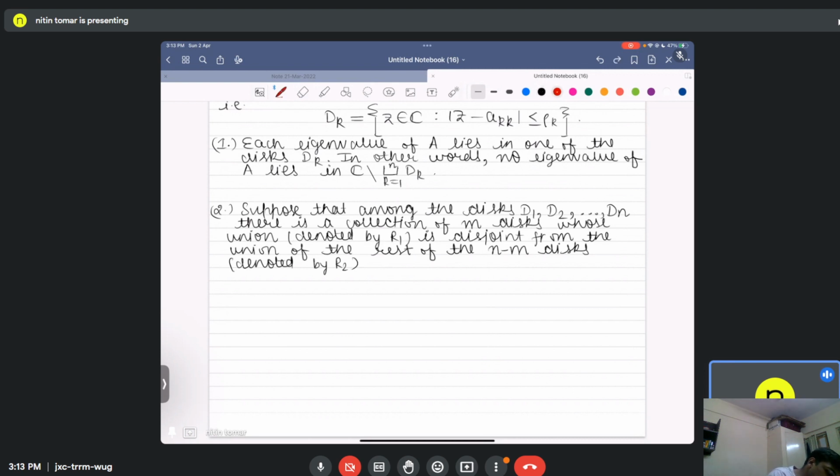So we have R1, the collection of m disks whose union is disjoint from the rest of the n minus m disks, and this is denoted by R2.